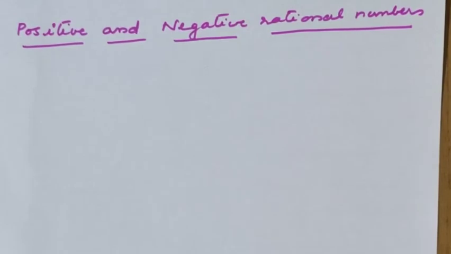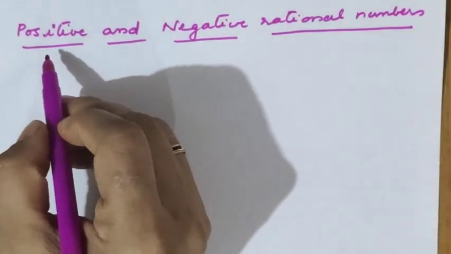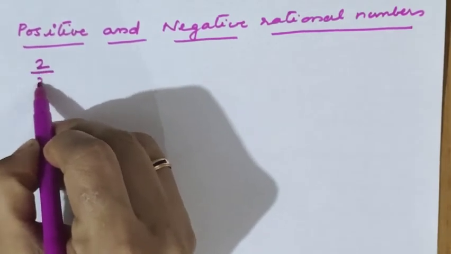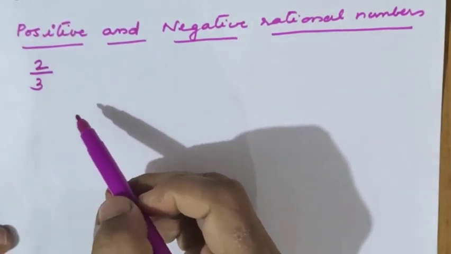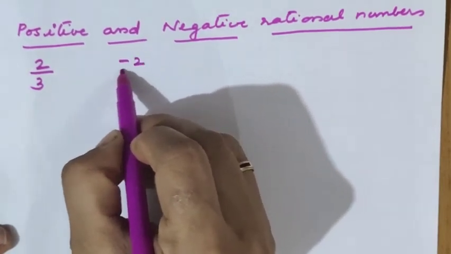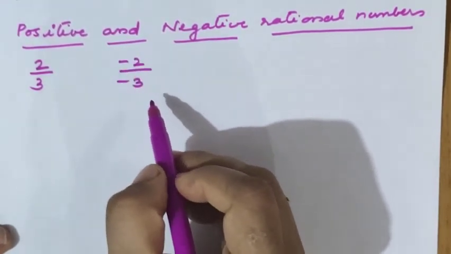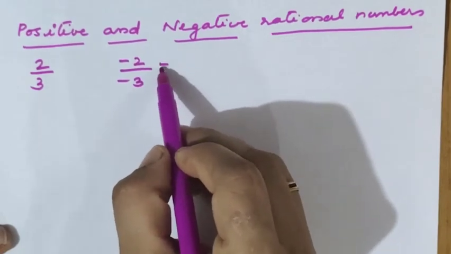Positive and negative rational numbers. You have seen that a positive as well as a negative sign is possible because they are integers. Now take the example 2 by 3. What are the signs of the numerator and the denominator? Both are positive. Now if I give minus 2 by minus 3, both are negative, so again the answer is positive.